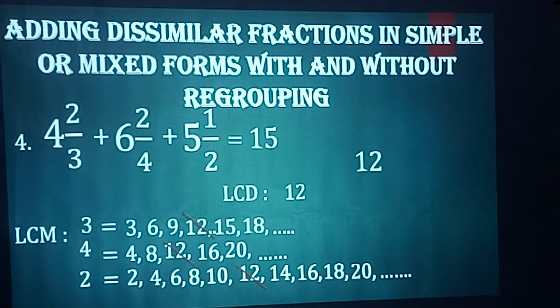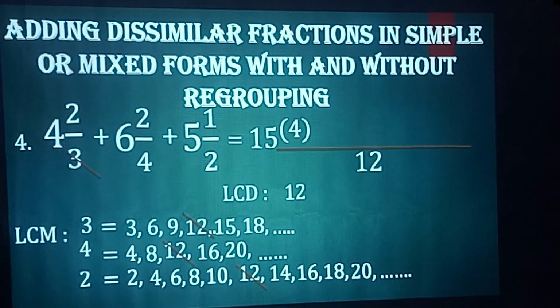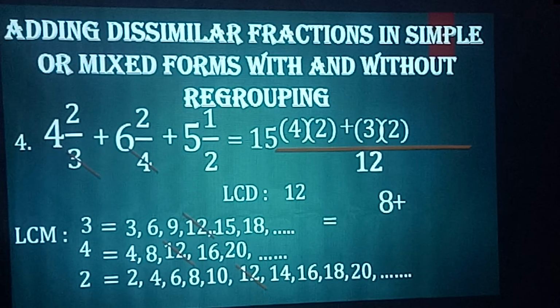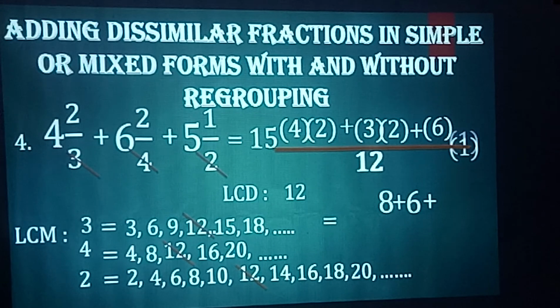And 12 divided by 3 is equals to 4 times 2 is equals to 8 plus 12 divided by 4 is equals to 3 times 2 is equals to 6 plus 12 divided by 2 is equals to 6 times 1 is equals to 6. Copy the whole number.